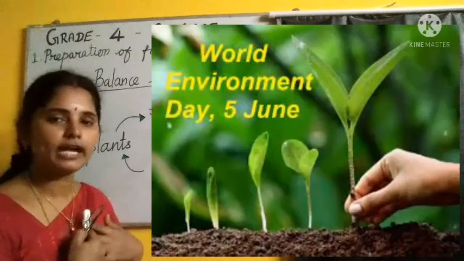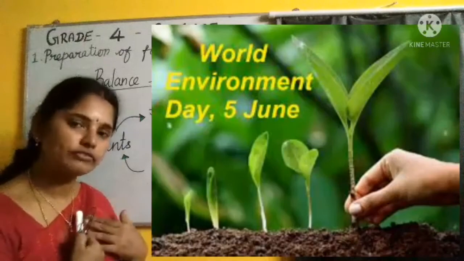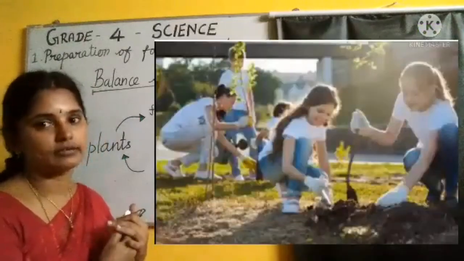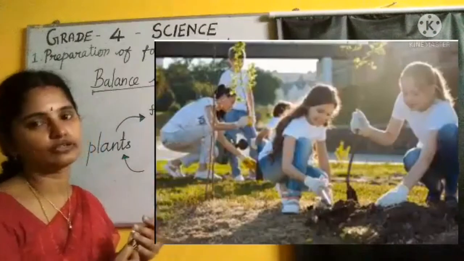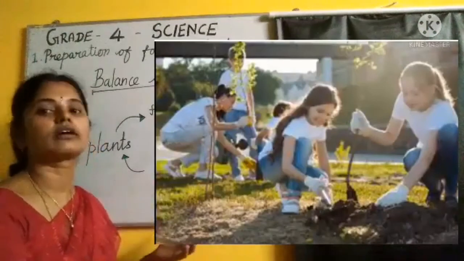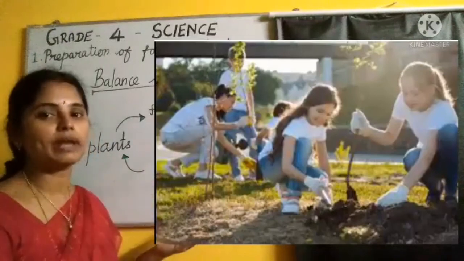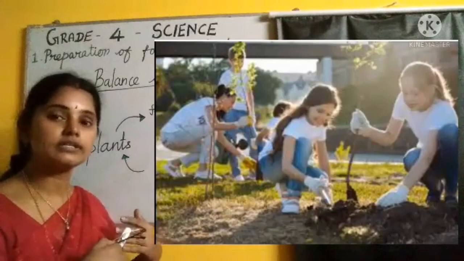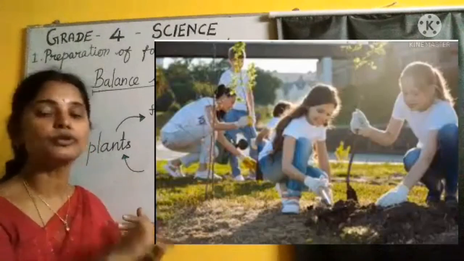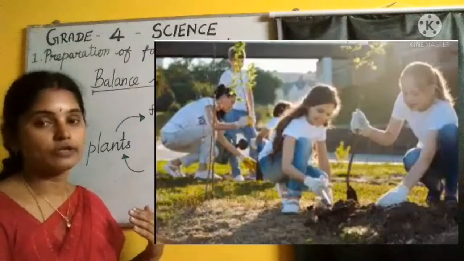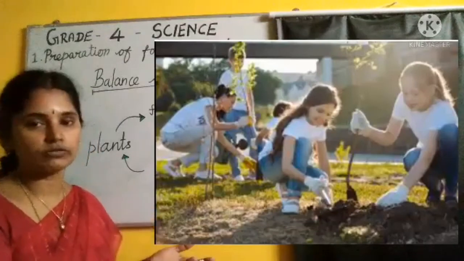So what can we do as students? We can plant a sapling. We can donate a sapling to our school, or we can grow a new plant in our garden. This is how we should contribute our part to our nation. Okay, so we can adopt a tree also.